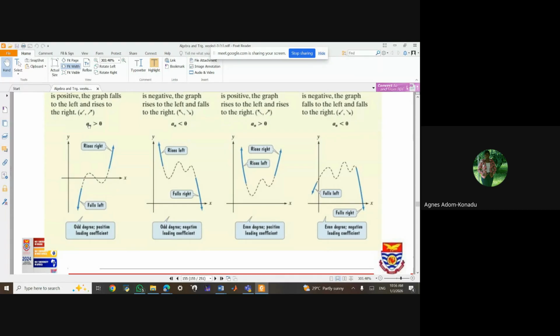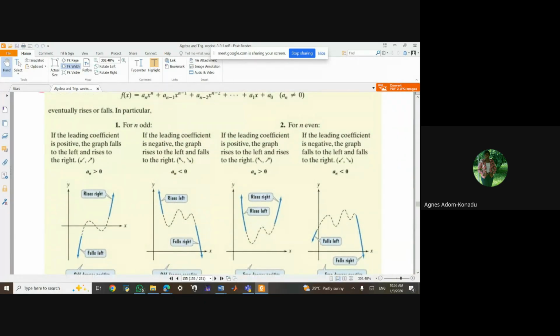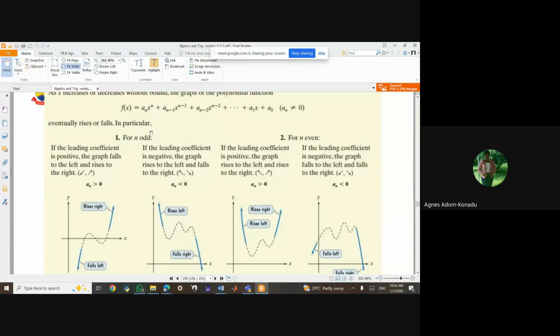It says that if the leading coefficient is greater than 0, then the graph looks like this. First, we want to look at where n is odd. When n is odd and a is greater than 0, the graph looks like this. If my leading coefficient is less than 0, then it will look like this if it's odd.